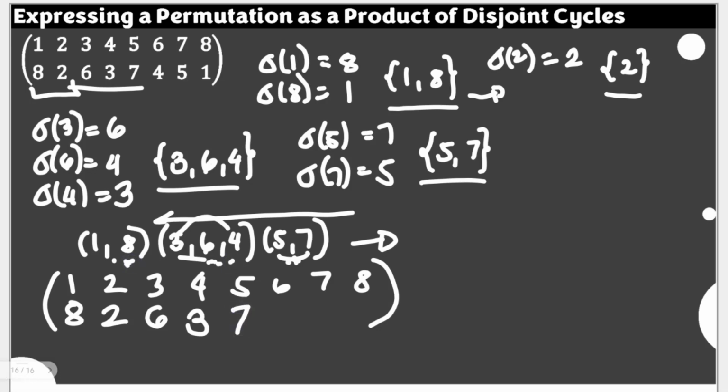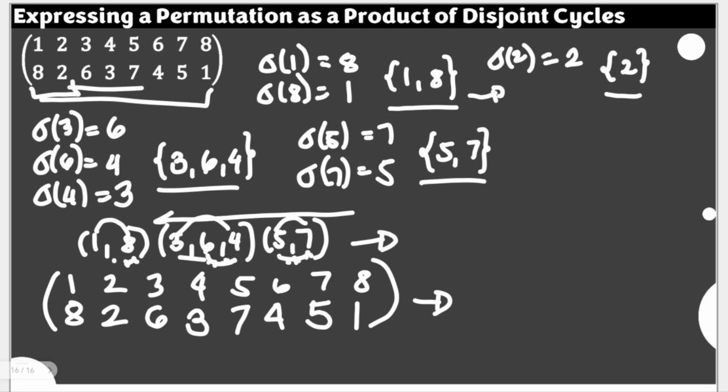And then 6. 6 is mapped to 6, 6 is mapped to 4, 4 is mapped to 4, so you have 4 here. And then 7 is mapped to 5, 5 is mapped to 5, 5 is mapped to 5, so 7 is just mapped to 5. And finally, 8 is mapped to 8, 8 is mapped to 8, 8 is mapped to 1. As you can see, this permutation here is similar to the given permutation. You have 8, 2, 6, 3, 7, 4, 5, and 1.